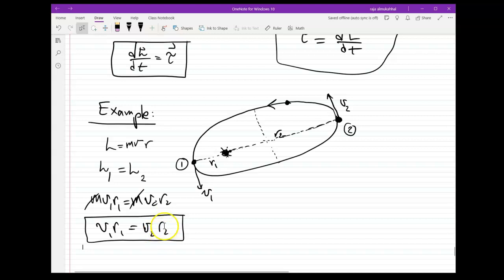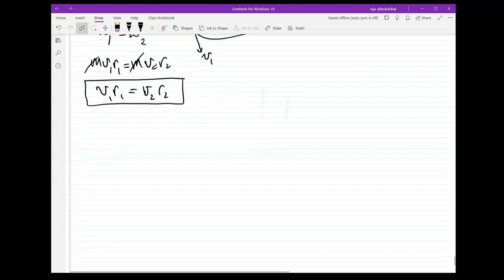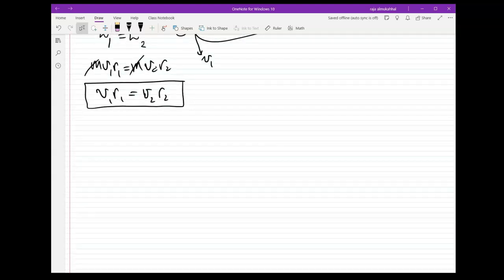When R2 is big, V2 becomes small. And that's exactly what we are observing here. So when someone asks, why does the Earth go really fast when it is at the closest point to the Sun? It's because of conservation of angular momentum. Okay, all right, good. Let me do one example and show you how this applies to what we're doing.